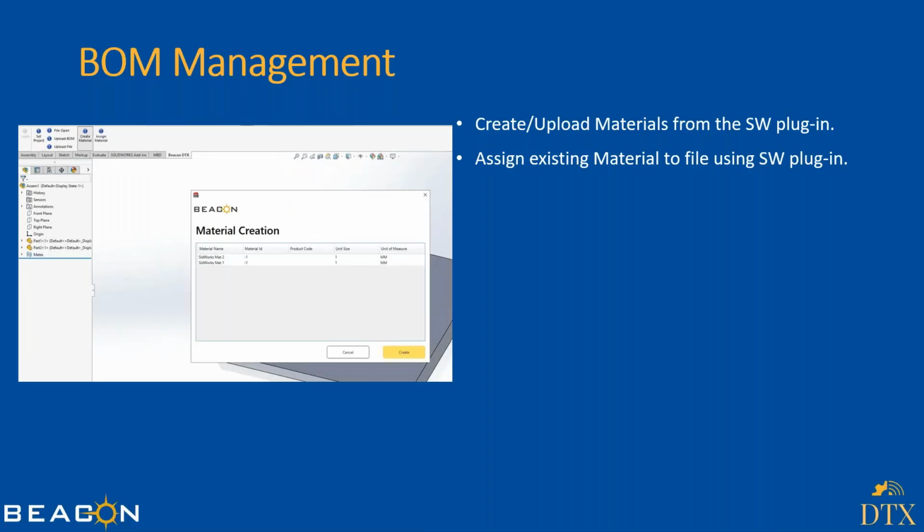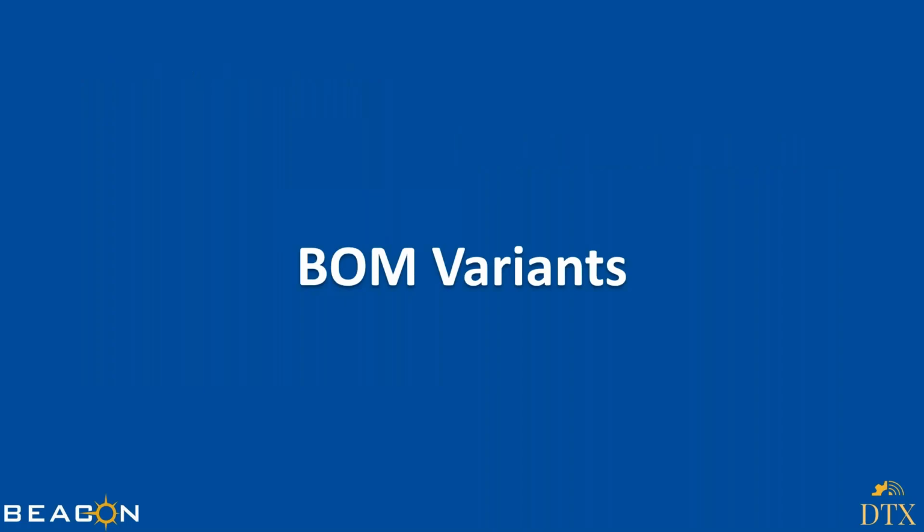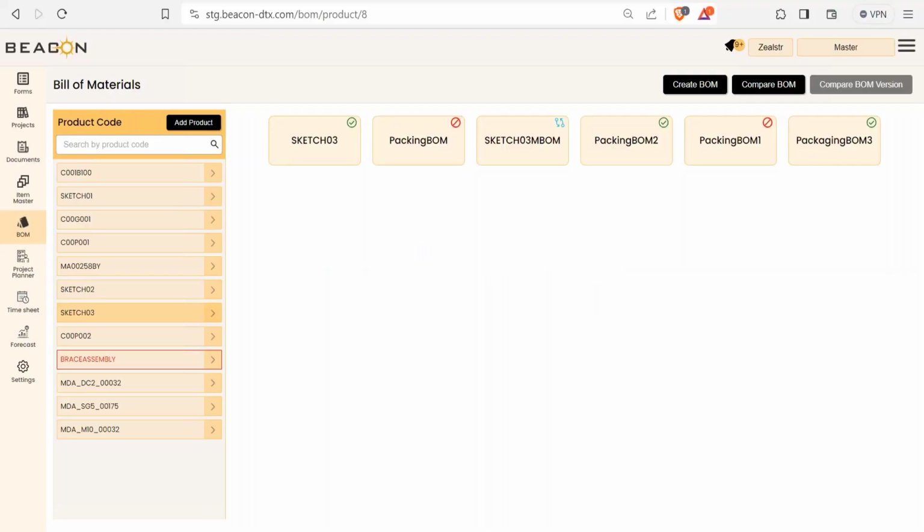So this way, we will be able to use DTX plugins and the DTX functions to create and upload materials from the SolidWorks plugin, and also assign the existing materials to the file and then further upload the BOM. Now let's talk about the BOM variant that I was speaking of. Let me show you in the browser itself.